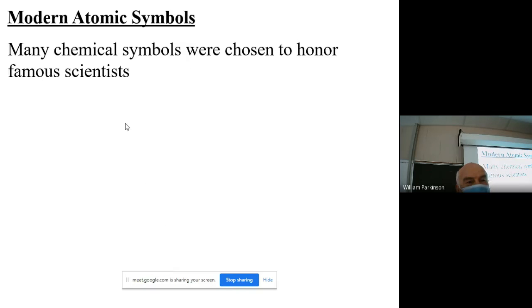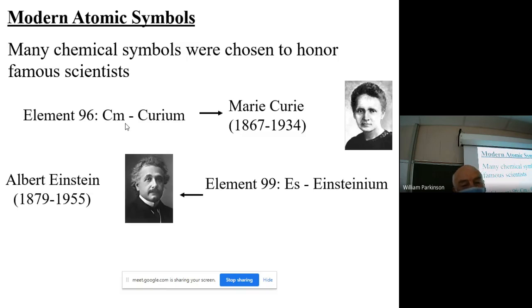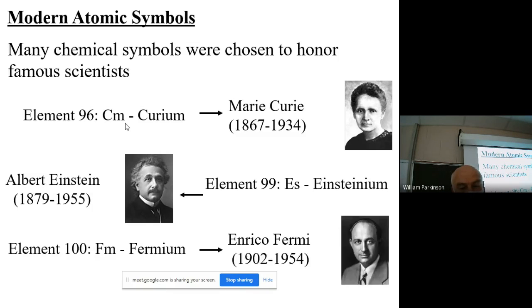Okay, now, many of them are named after scientists. Again, what I want to point out is that I'm showing you 3 of them here on this slide, named after Marie Curie, who discovered some radioactive elements, Albert Einstein, who did a ridiculous number of crazy things, and Enrico Fermi, who helped us make atomic bombs, but he did other things too, so he gets an element as well.